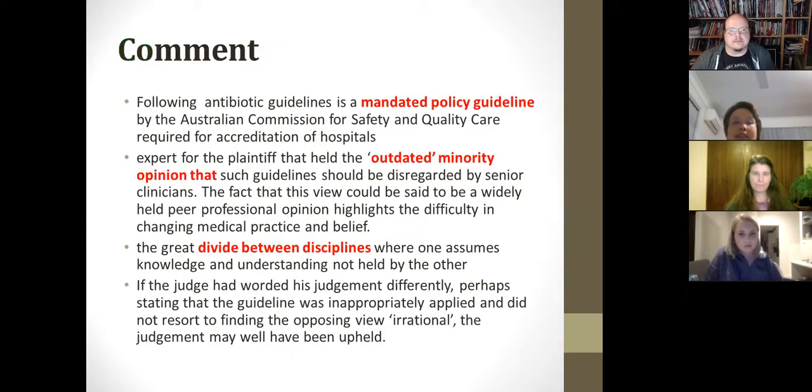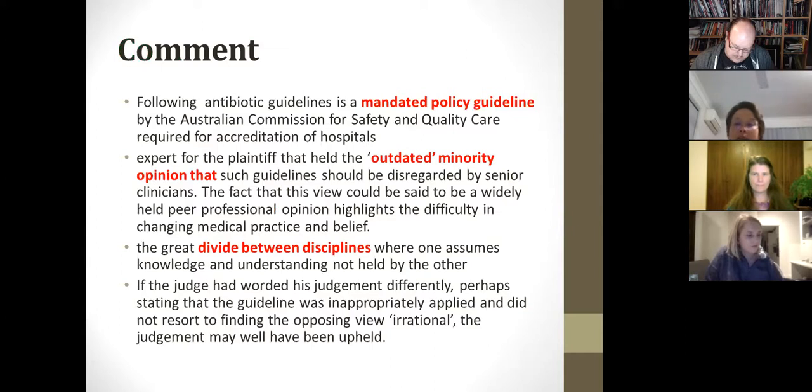The comment I can make is that the expert witness for the defendant failed to explain to the judge that the antibiotic guideline was a mandated policy that the whole hospital had to follow in order to secure accreditation, and that he couldn't tell the judge that the opinion held by the plaintiff was outdated.